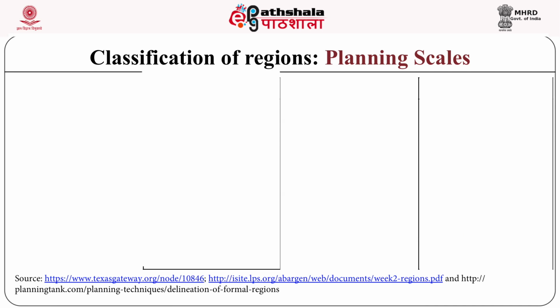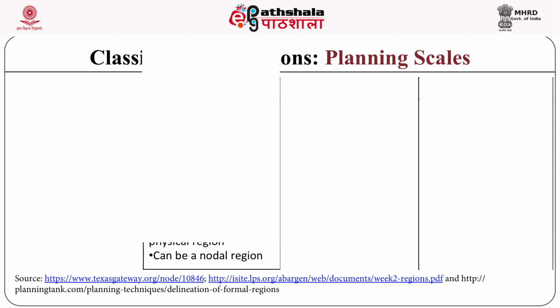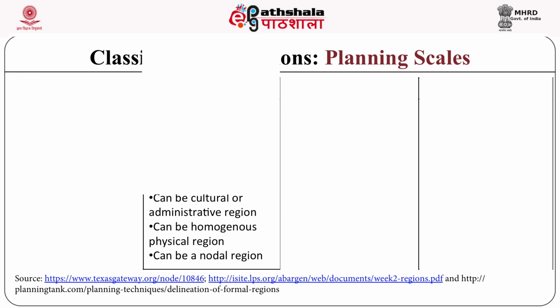So now we come to the meso. As I said, we come down the hierarchy to the next level. If we define a mesoregion, we find that it is a subdivision of a state, whereas the macro was a state or more than one state.